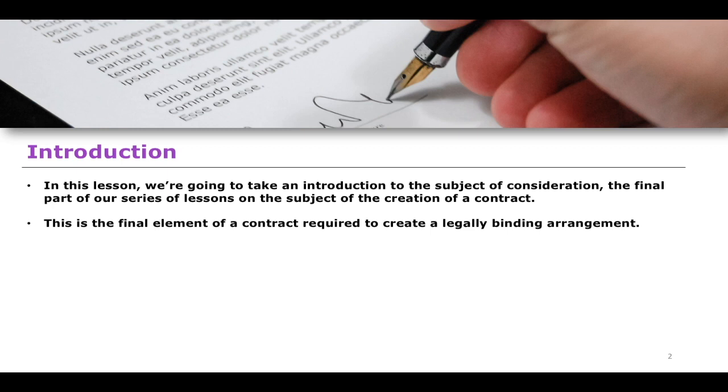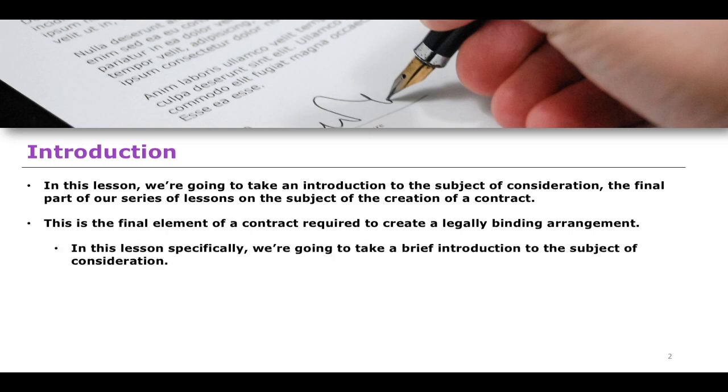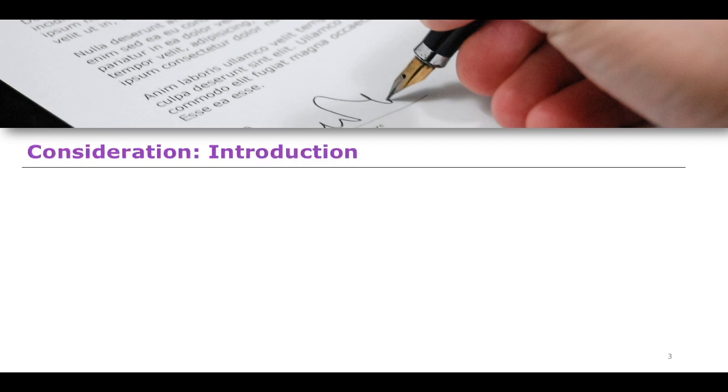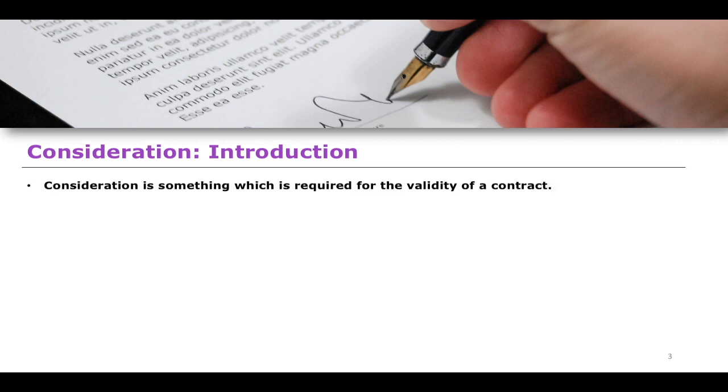This is the final element required to make a contract legally binding. We'll take a brief introduction to the subject in this lesson and then start to dive into all of the very important factors in future lessons. So, as a basic introduction, consideration is required for the validity of a contract.